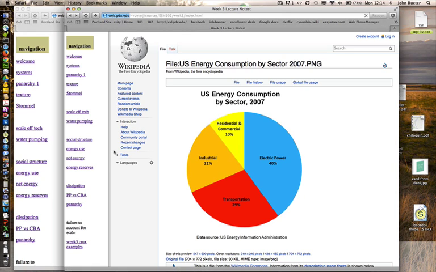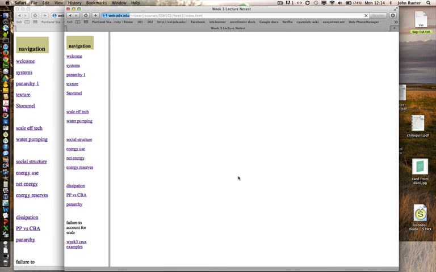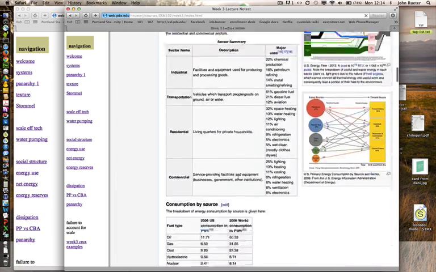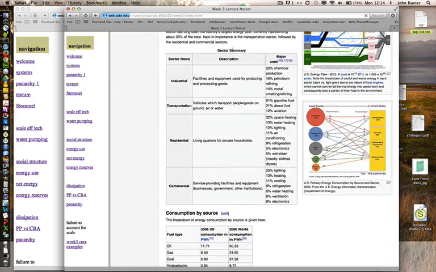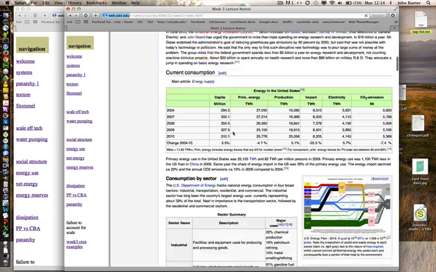And that is contained in this table in the Wikipedia. Down here it shows, here's a sector summary, and here's what's in those sectors. So you can see what they're actually talking about when they say residential, living quarters for private households, or commercial, what's in that sector.